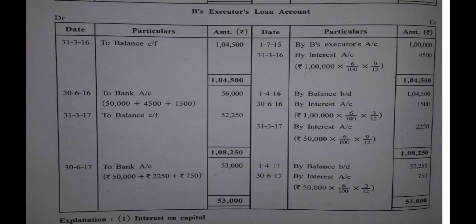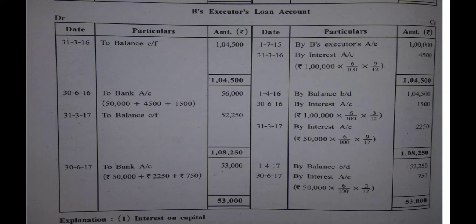So 30/6/16 से लेकर 31/3/17 तक again it is a time span of 9 months. At the end of the 9 months you are not supposed to pay any amount, but you have to close the accounting year. That is the reason you will calculate the amount of interest for now.